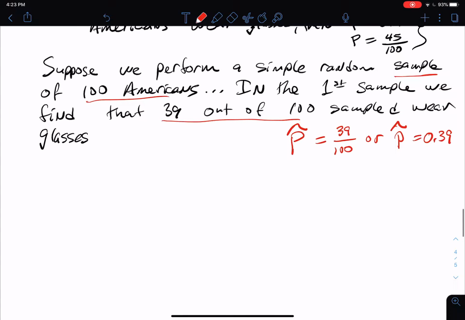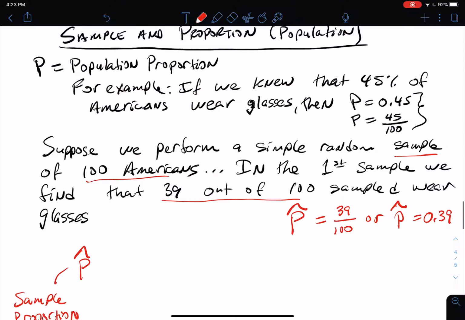Just to talk about that new notation, P hat is our sample proportion. If we were trying to guess what the population proportion was, like it says the population proportion is 45%, but what if we didn't know that the proportion of people who wear regular glasses is 45%?